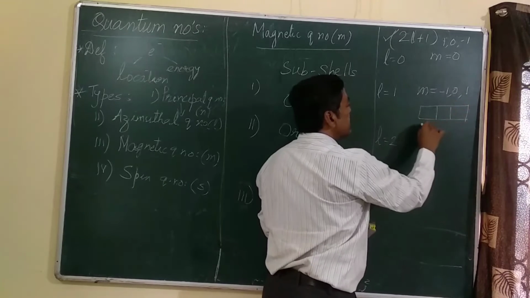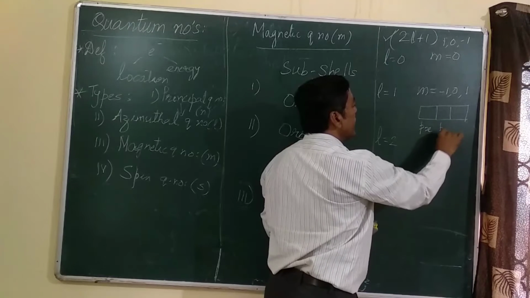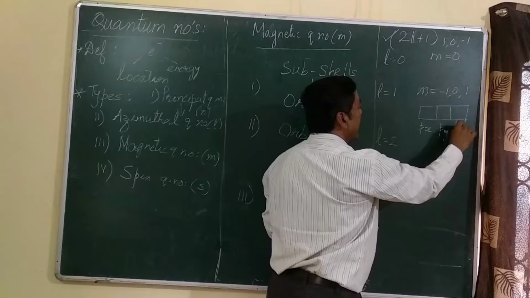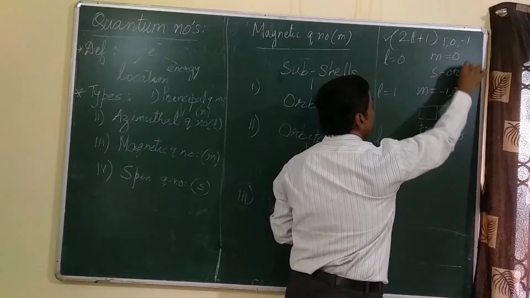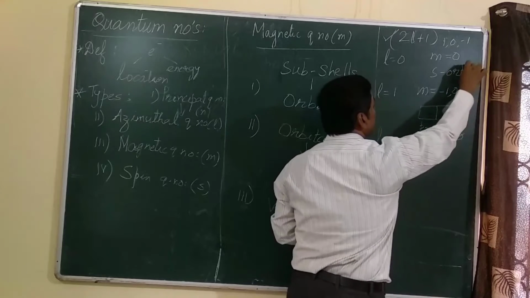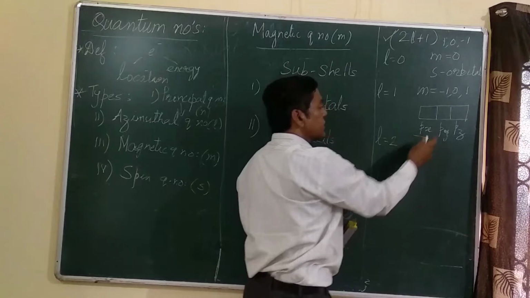So these are three possible orientations of the P orbital. We can represent them as Px, Py and Pz. And here, the S orbital has only one possible orientation, and the P orbital has 3 possible orientations.